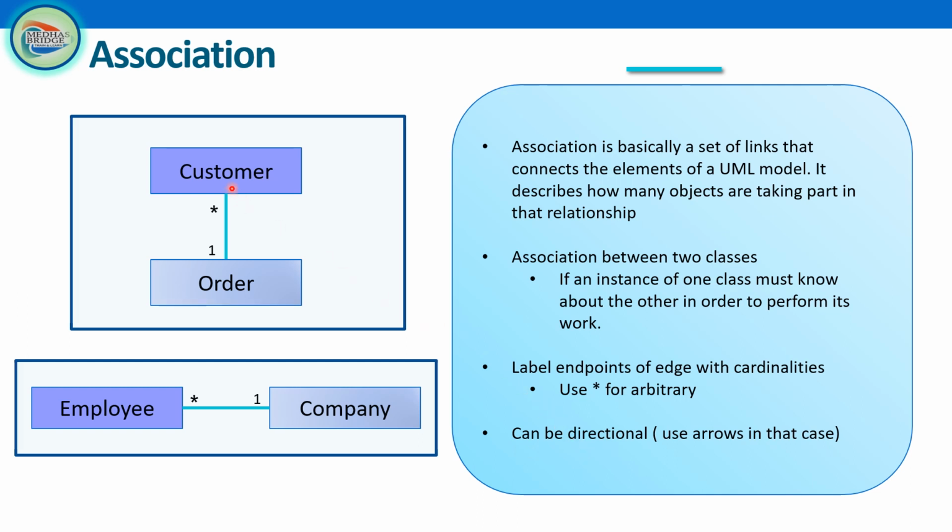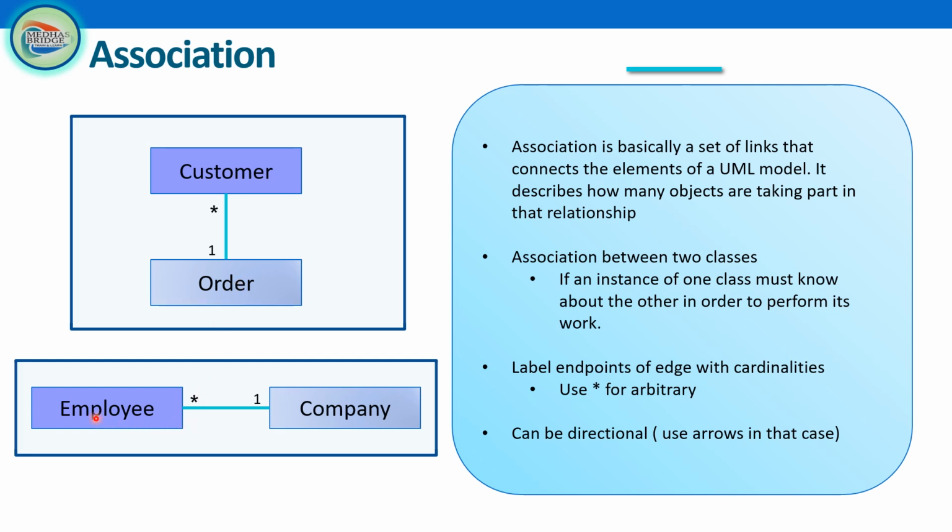Let's look at an example, customer and order. Order can be associated with a customer. Customer can have multiple orders, but one order is associated with one customer. Many customers can place an order.